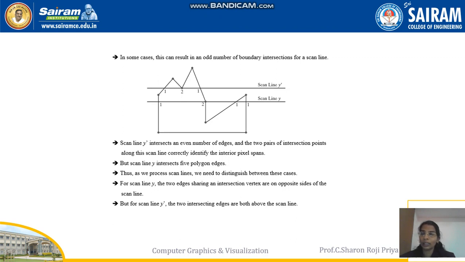It cannot be increasing for some time and then decreasing. Either it should keep on increasing till the end or keep on decreasing till the end. In that case, I can store this vertex value twice in my frame buffer.